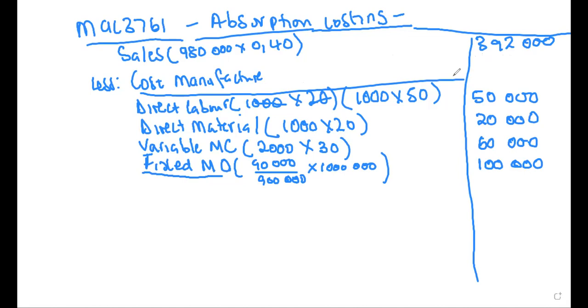Then we need the cost of production. Here I think the best is to have a figure so that we can then less closing inventory. How much are we going to have if we add all these, 50 plus this one plus 150, 70?